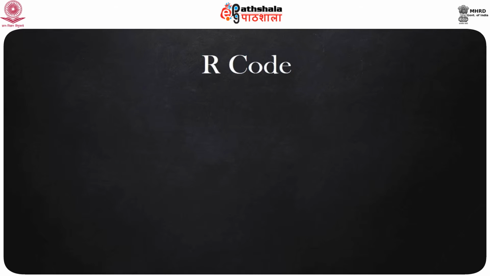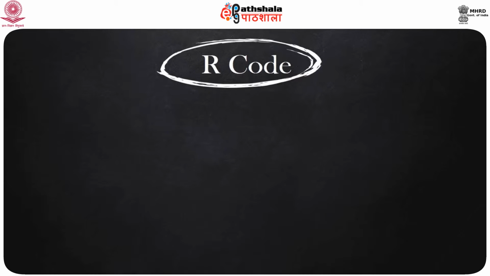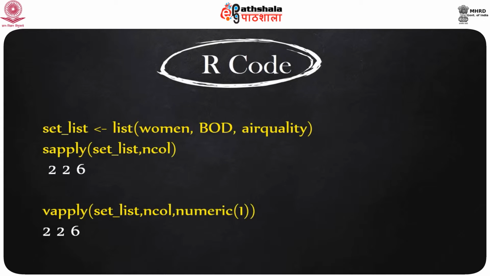Here we are revisiting the example of finding the classes of the variables involved in the air quality data. At the very beginning, we got a list using the lapply function. Then using the sapply function, we got a vector.